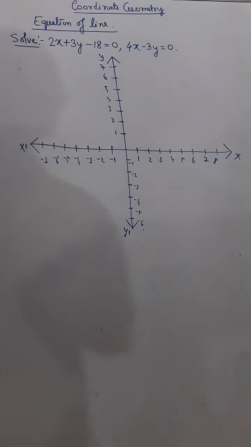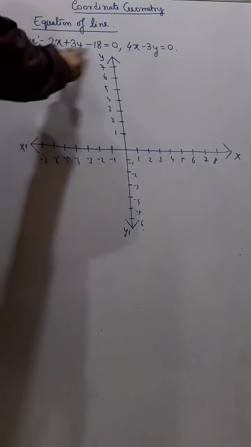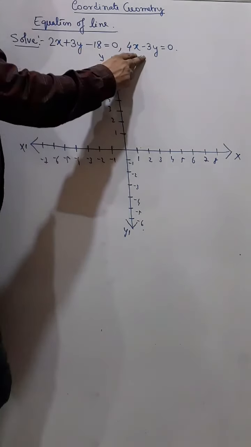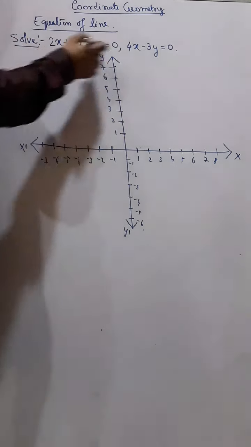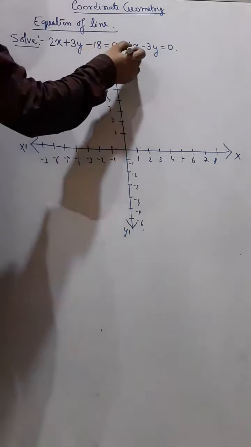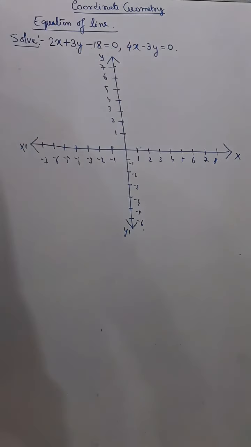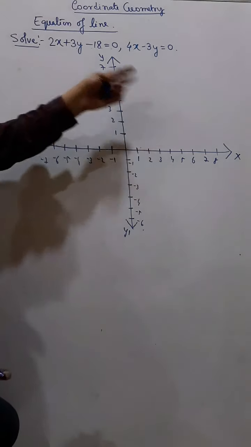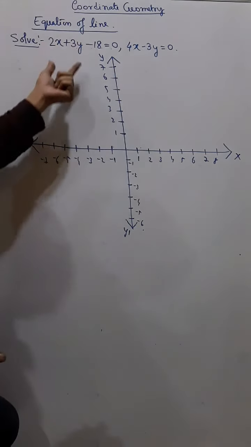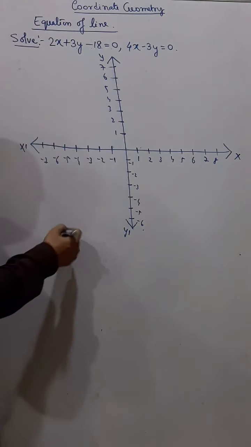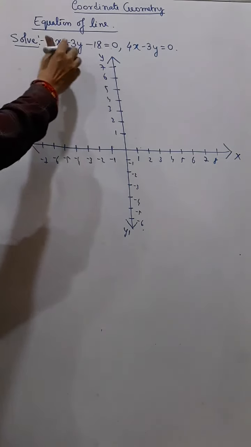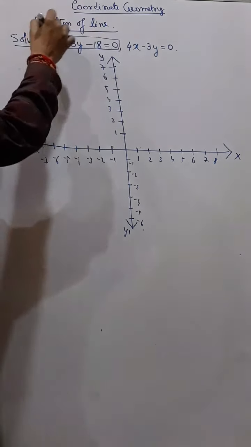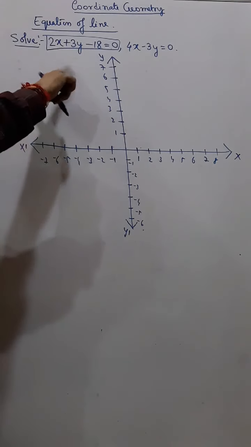Okay, now see this sum. This is a simultaneous linear equation, but we'll solve this graphically, the two equations 2x plus 3y minus 18 equals 0 and 4x minus 3y equals 0. Now this graph part we'll do later. First we'll find the values of x and y in the table part of your graph copy. First we will convert each equation in terms of y.